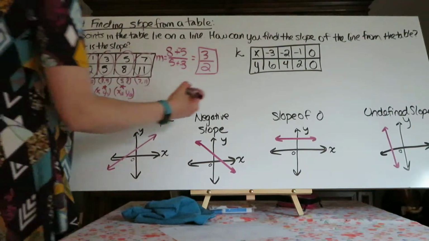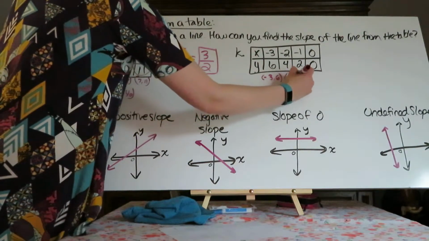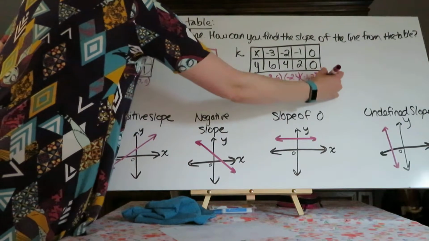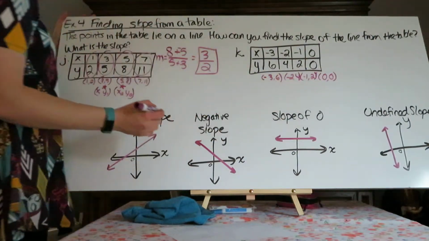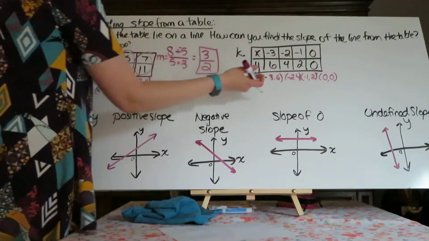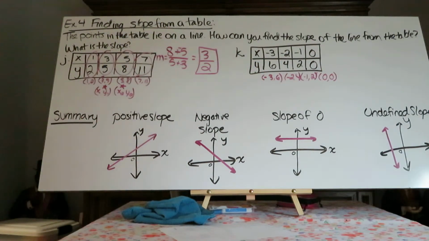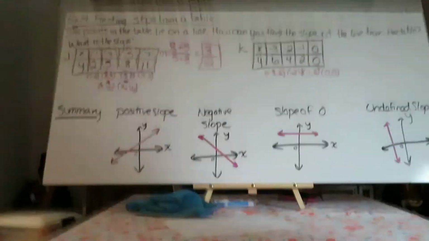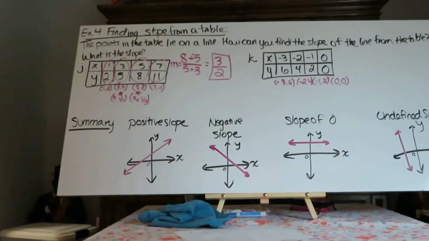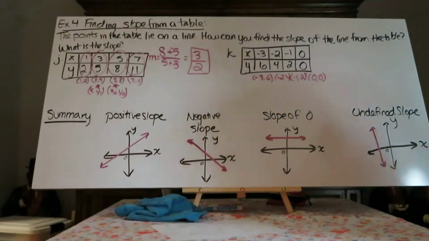All right, for K, we have negative 3, 6, negative 2, 4, negative 1, 2, and 0, 0. Okay, I'm going to take the number on the very right and subtract it from the number on the very left just to show you that the choices do not matter. Feel free to try whichever one you would prefer.